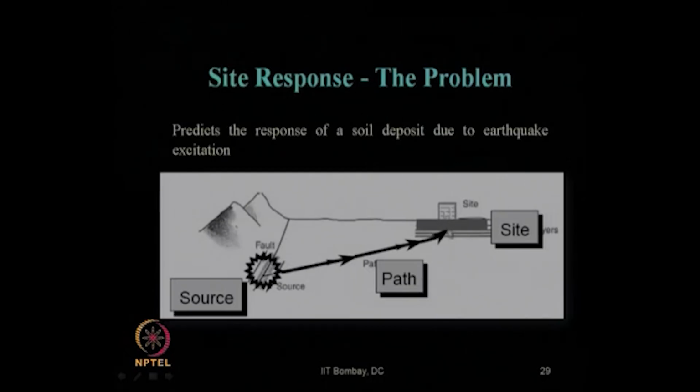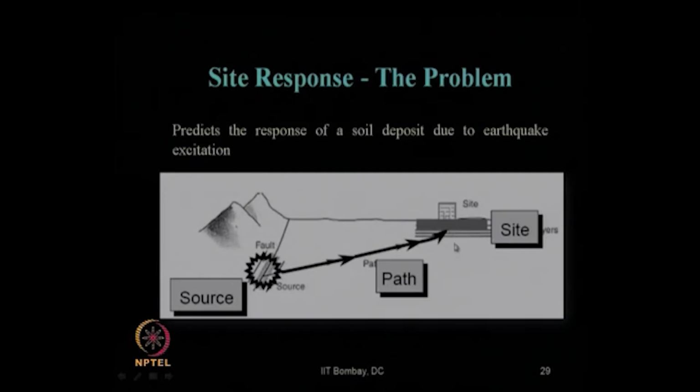So, why is site response analysis so important to our geotechnical engineers? Because the response will not be the same for all sites, though the source may be the same. Suppose from this source seismic waves are also traveling in this direction, and suppose there are some hills. So, we can expect a rocky profile here. If the waves reach here, there will be a different type of site response than if they reach here, where suppose we have a thick soil deposit or soft deposit.